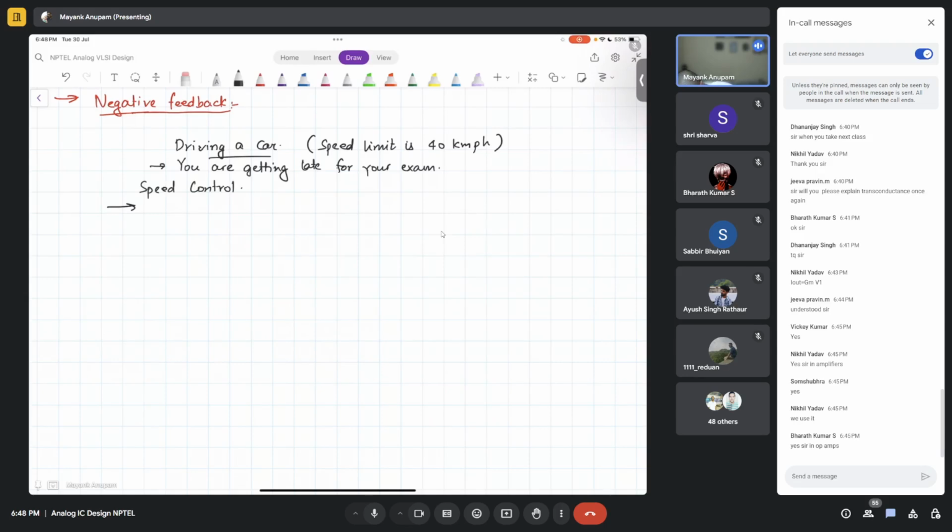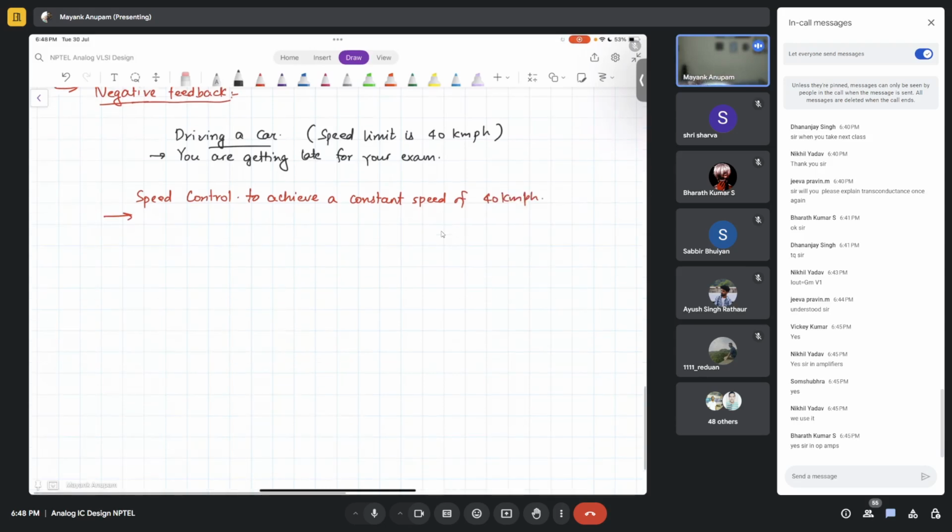You want speed control to achieve a constant speed of 40 km/h.